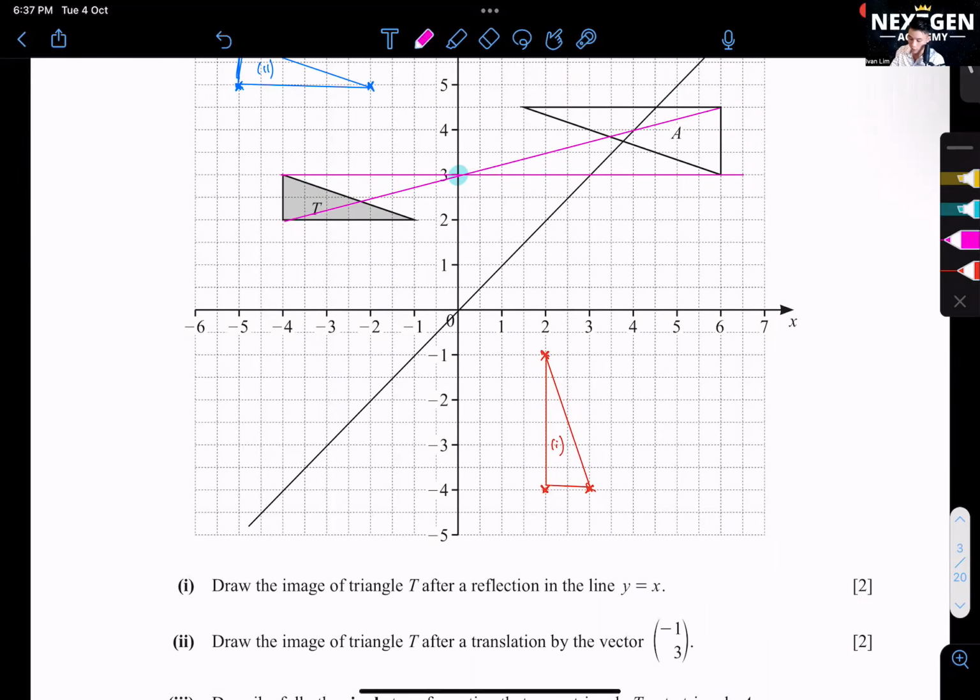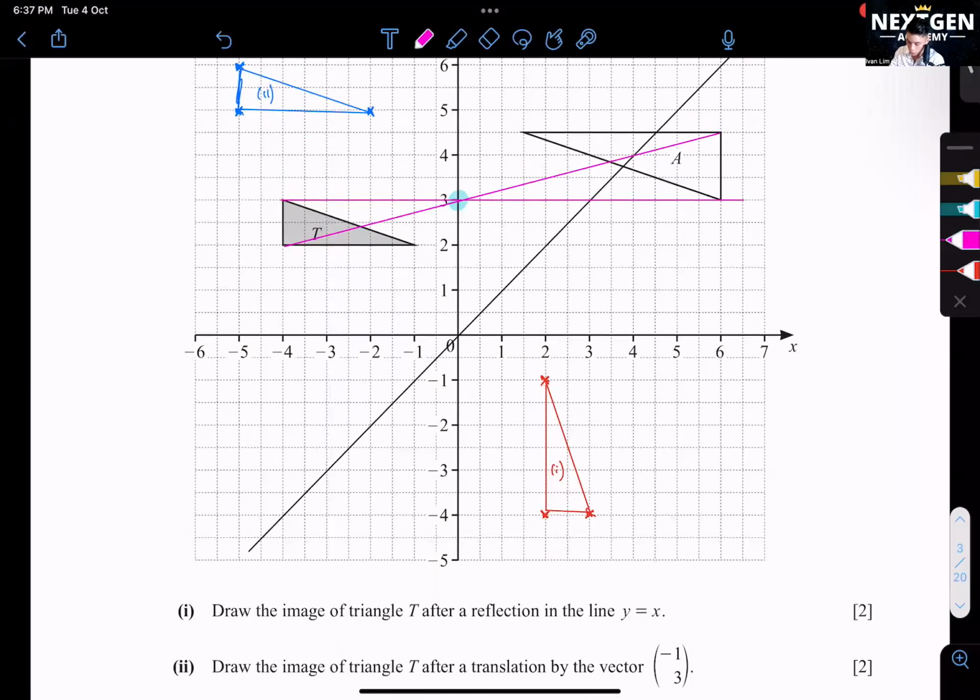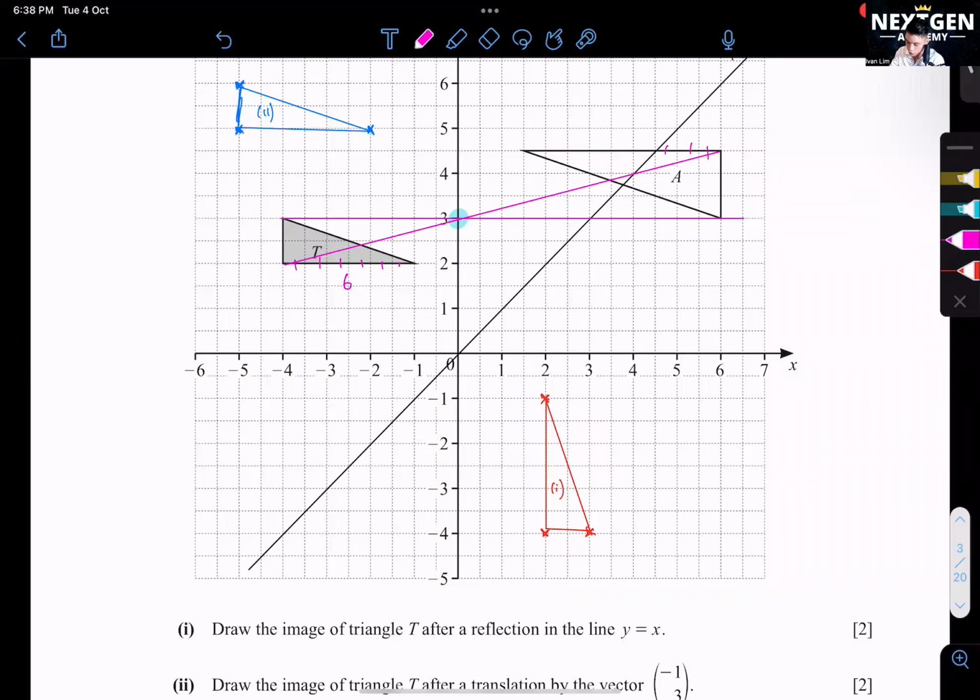You can just count the number of boxes. Like here, 1, 2, 3, 4, 5, 6. 6 boxes, then it becomes 1, 2, 3, 4, 5, 6, 7, 8, 9. Your scale factor, you just need to write 9 over 6.